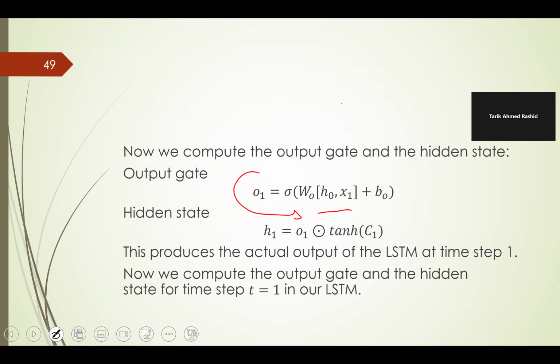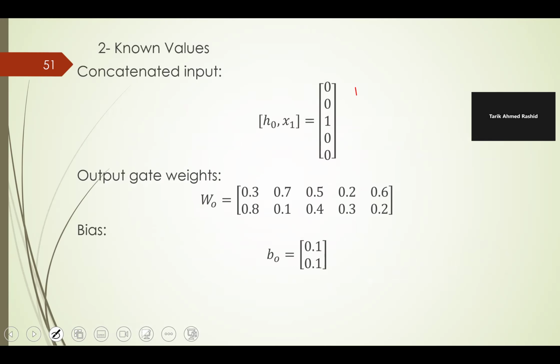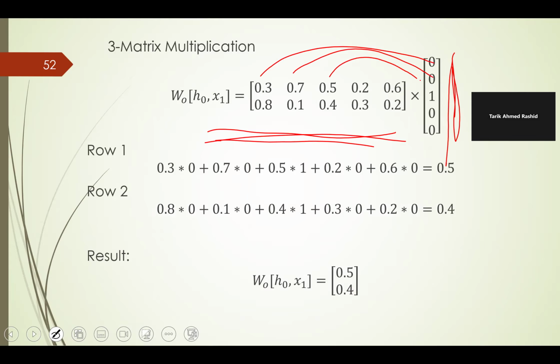Step one is for I, I like Rojava, just the word I. For the output, similarly, that's the concatenated input multiplied by the weight matrix plus the bias. So the concatenated weight matrix multiplied by the concatenated input plus hidden. 0.3 multiplied by 0.7 multiplied by 0.5 and so on.